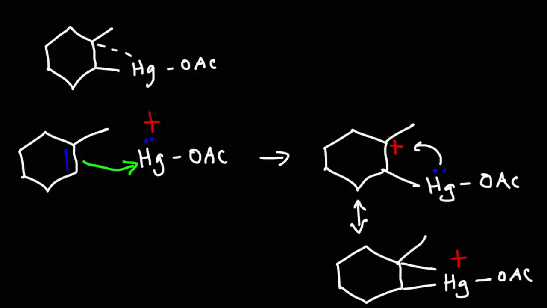So the plus charge is not completely on this carbon, nor is it completely on the mercury atom, but it's shared between the carbon and the mercury atom. So what we have here is a partial positive charge on both the carbon and the mercury atom. So this is known as the mercurinium ion. It's the resonance hybrid of these two.